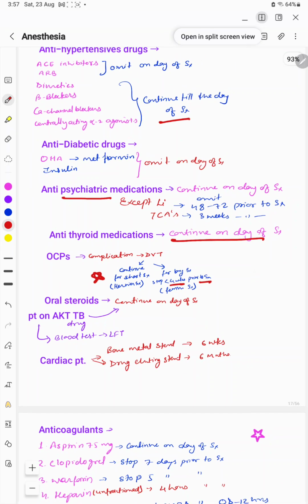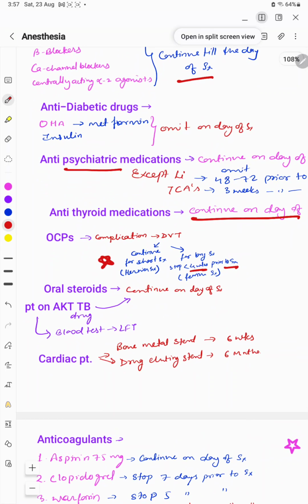Okay, you need to remember this, because here you have two choices. When you have short surgery, you continue on the day of the surgery, but when you have long surgery you need to stop 4 weeks prior because of the complication of DVT.